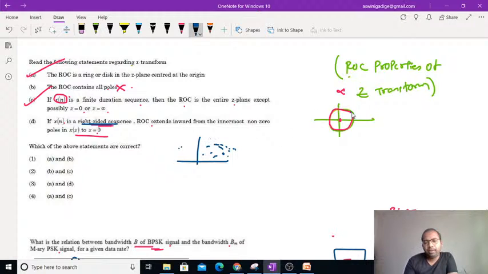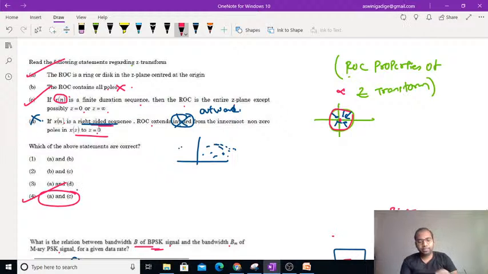Now the ROC will extend inward, he says, but that is not correct. The ROC extends outward. So it is the wrong one. So based on this, A and C is the correct option. The fourth option is the correct one.